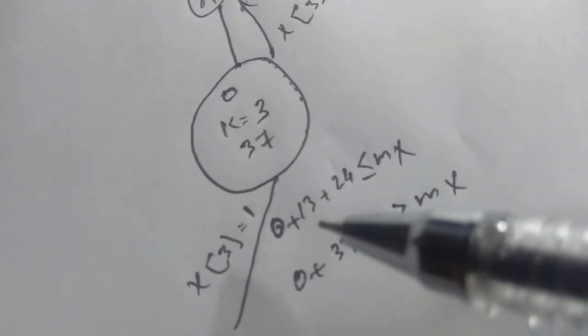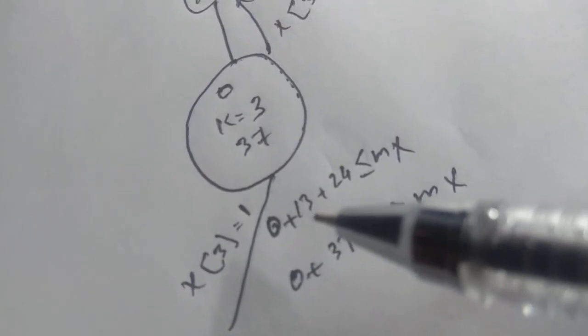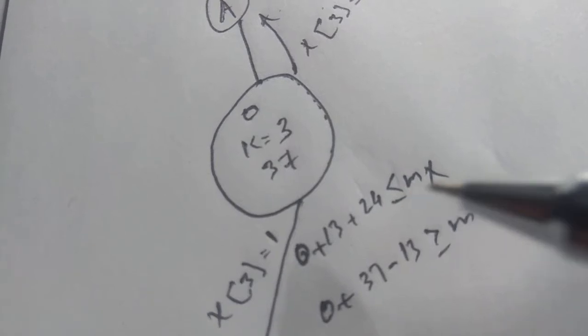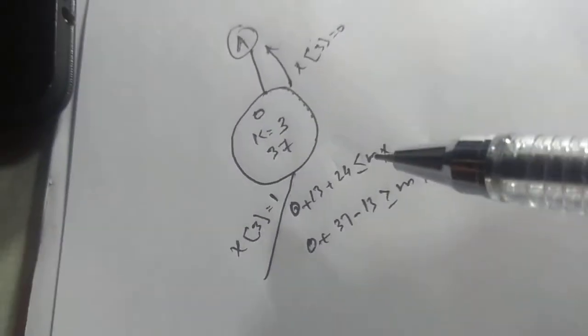But the condition sum plus wk plus wk plus 1 is less than or equal to m becomes false.